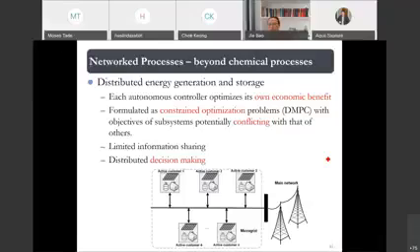Depending on the energy storage capacity, if they have very significant energy storage capacity, then if each consumer would optimize their own economic benefit, they may be able to hoard the energy. So they buy the energy when the price is very low, store it, and sell the energy when the price is high in the future.